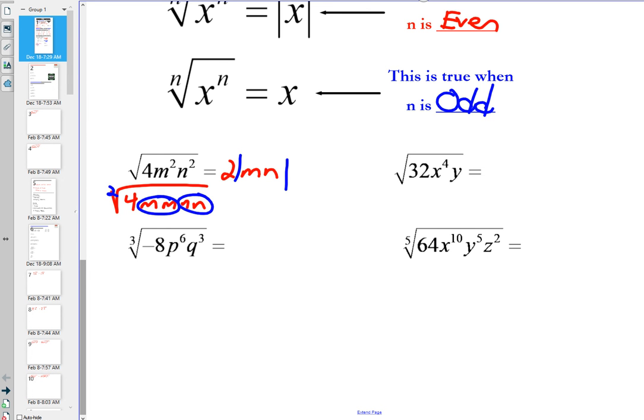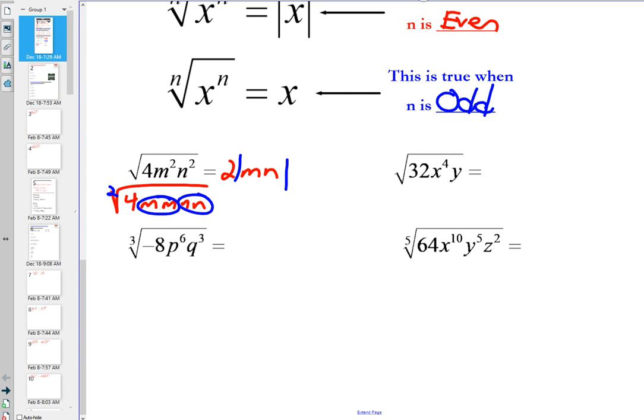In order to maintain equality, regardless of what numbers you give me for m and n, I should be able to put the same m and n here that I do here, and they both give me the same output. The only way that would be possible is with absolute values.